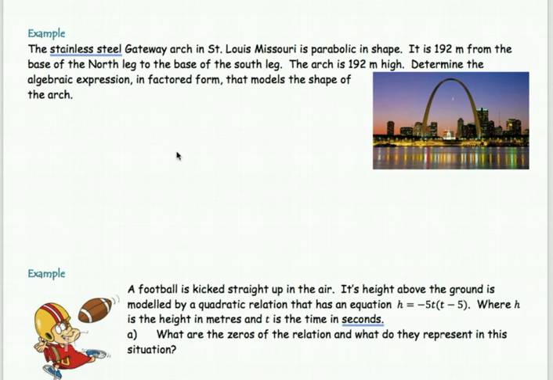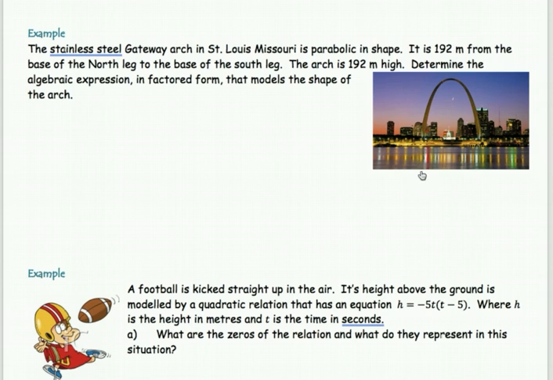All right, we have this arch in St. Louis, Missouri. Okay, so it has a parabolic shape, so that means you have that parabola shape. It's a quadratic, okay? It is 192 meters from the base of the north leg to the south leg.